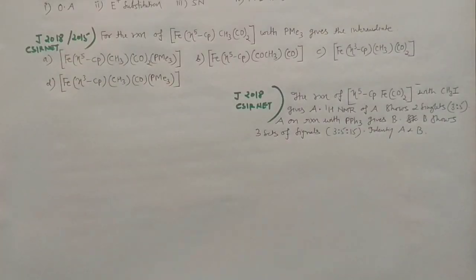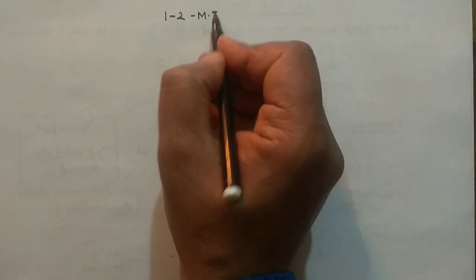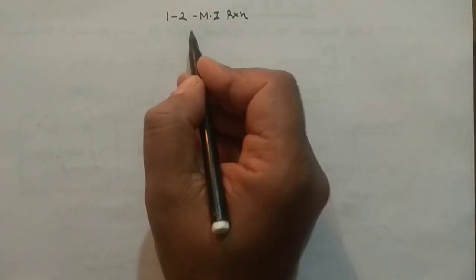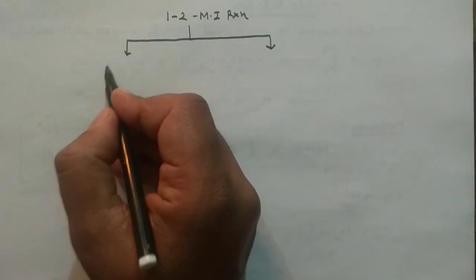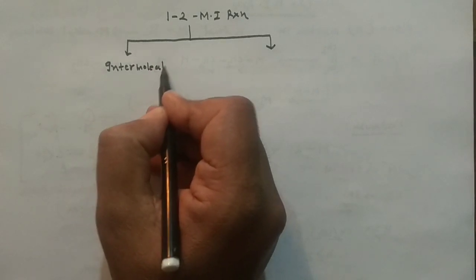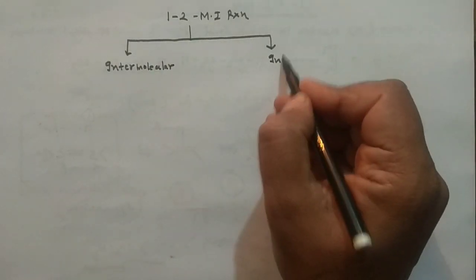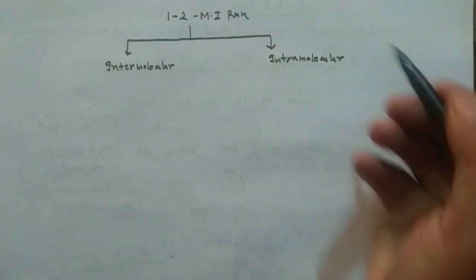I'm using the same paper actually. These 1,2 migratory insertion reactions basically are of two types: intermolecular and intramolecular.